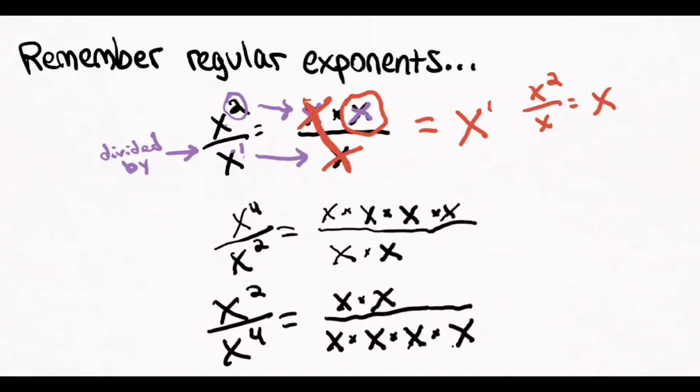Let's do this next one. X to the fourth means there's 4 x's. 1, 2, 3, 4. And x to the second on the bottom of this, and remember, this is divided by.